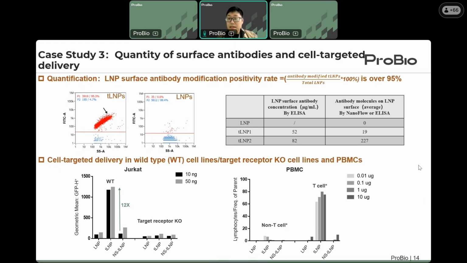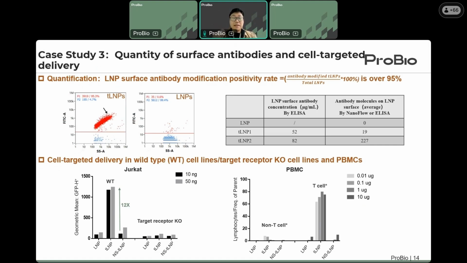And for PBMC, we even use very, very little input of the tLNP. You still get a very high transfection ratio. But for the non-T cells, sorry, we don't get the transfection ratio. Which means we have a very specific targeting capability.